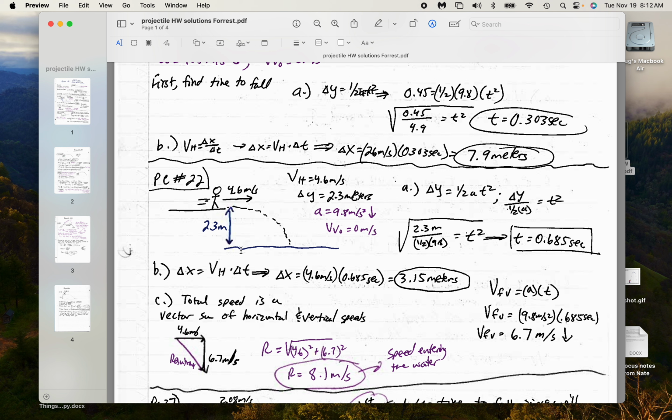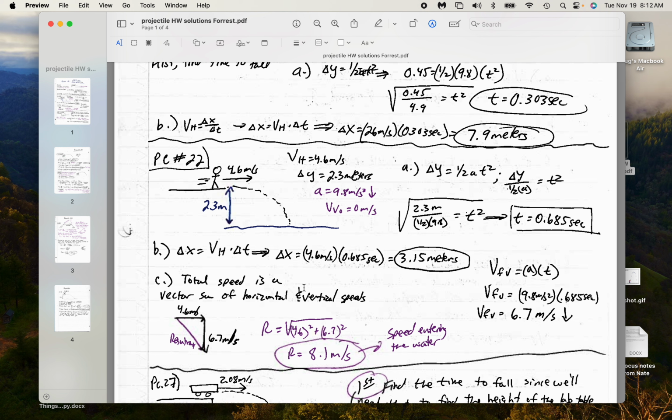The second thing was to figure out how far away he lands compared to where he launched, and that is the same as the first problem as well. So that's 3.15 meters. And then the last one is to figure out the total speed right before he hits. So the horizontal speed stays the same at 4.6. The vertical speed increases by 9.8 meters per second every second.